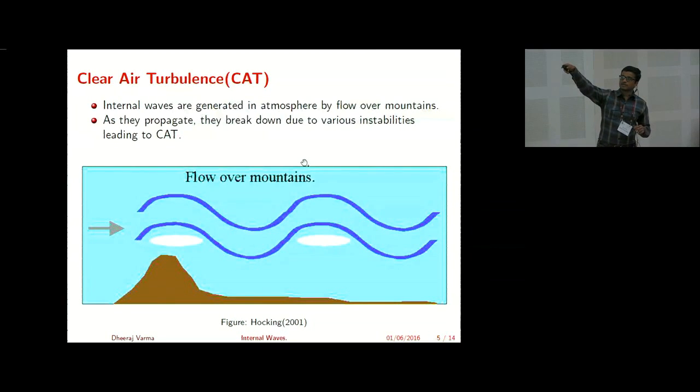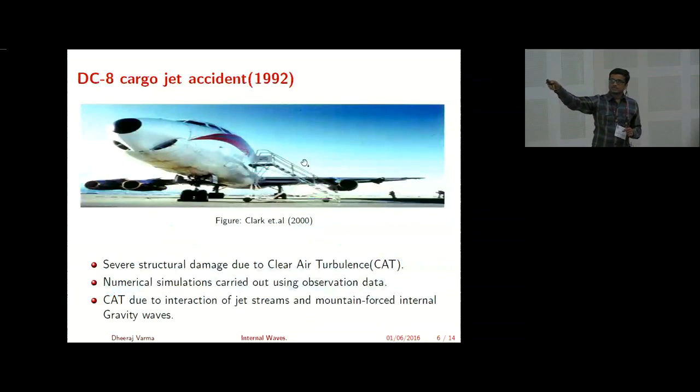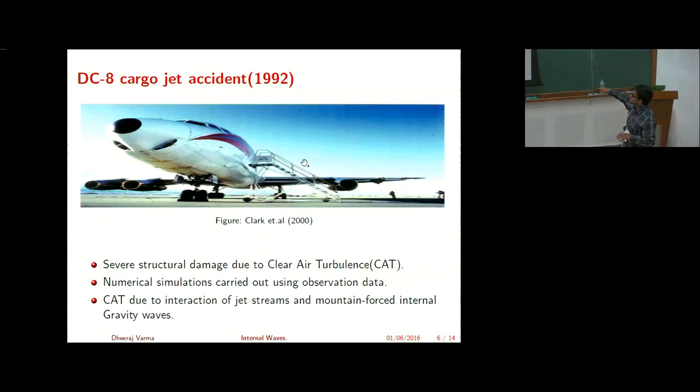As they propagate, there are various instabilities involved, which lead to CAT, or clear air turbulence. This is the DC-8 cargo jet accident, which happened above the state of Arizona, where this aircraft was traveling in the atmosphere. It faced clear air turbulence, due to which the right wing ruptured, and there was an issue with the engine, but the pilot could control the flight and land it safely.